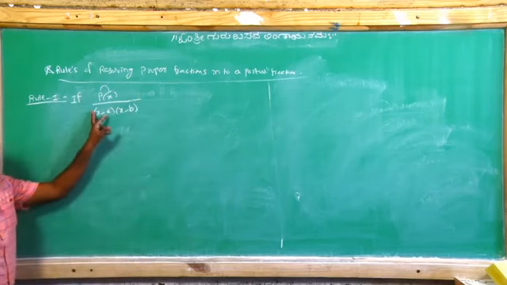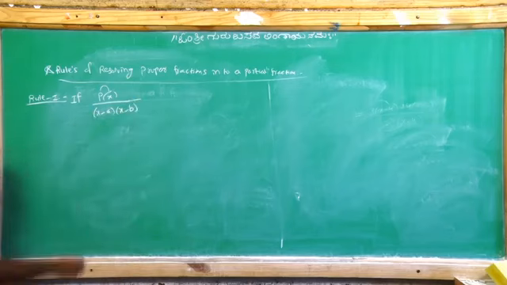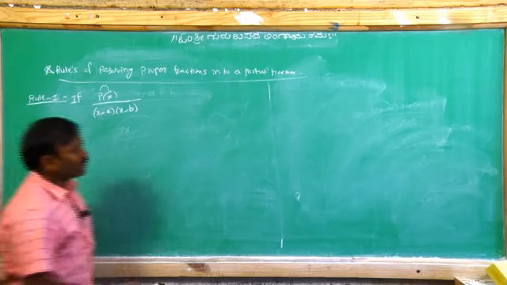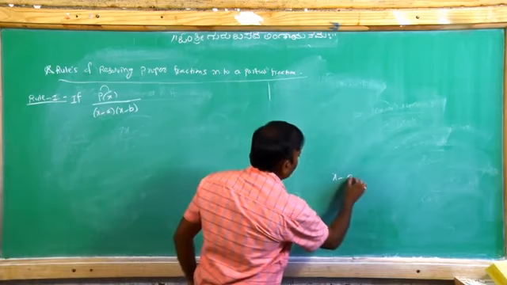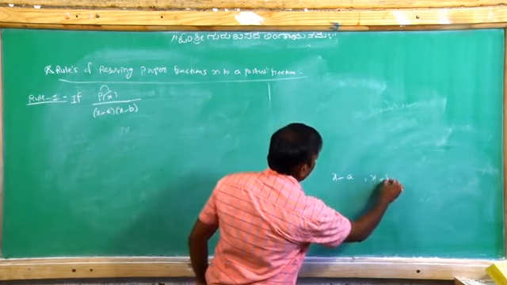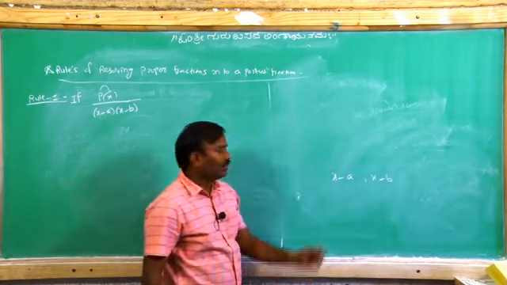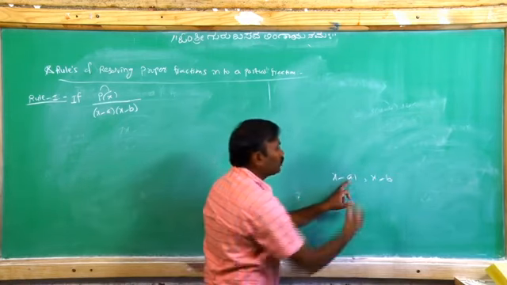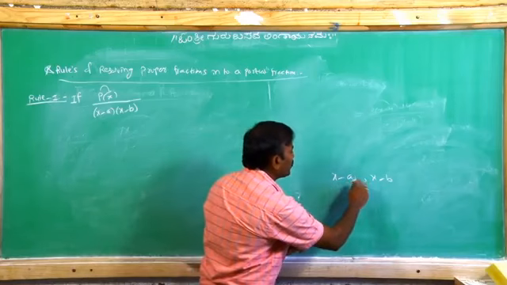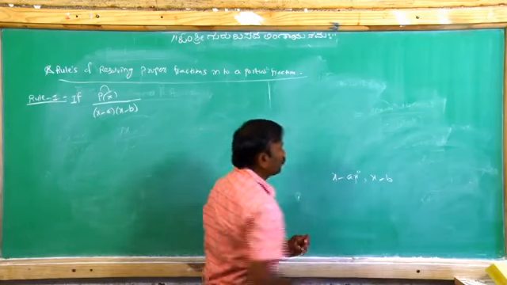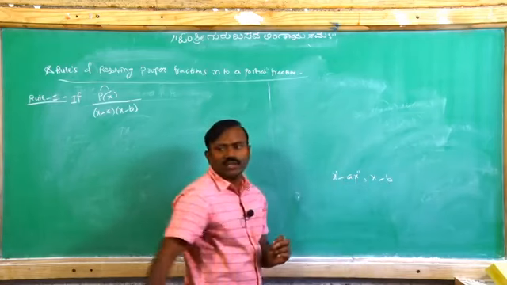What is x minus a and x minus b? First, to find the degree: a means a into 1, and 1 is x to the power 0. Only x means x power is 1.